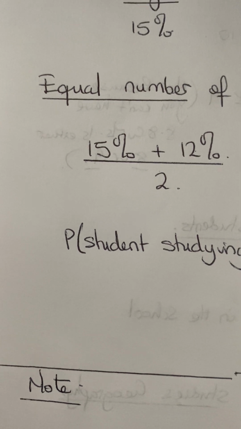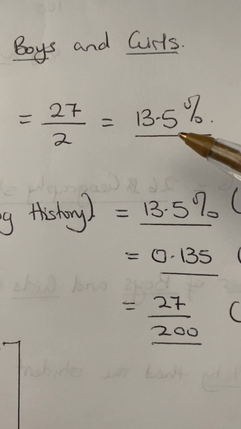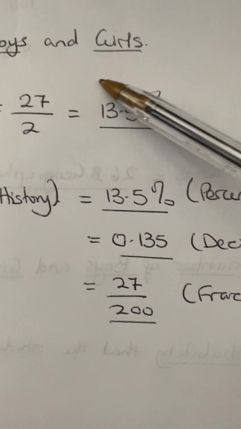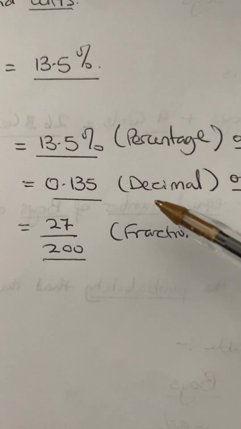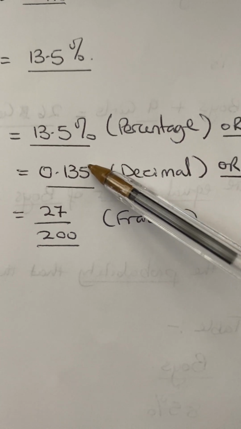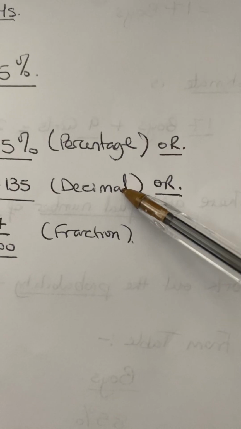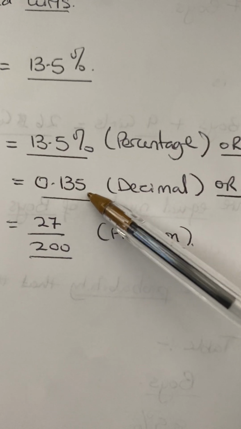Now, if again I haven't been asked to go any further, I'll leave my answer in percentage. If they ask me to leave it as a decimal, we know how to do this. I'll divide by 100 and then give them the calculator value, which is 0.135.